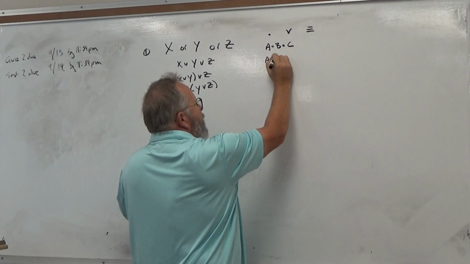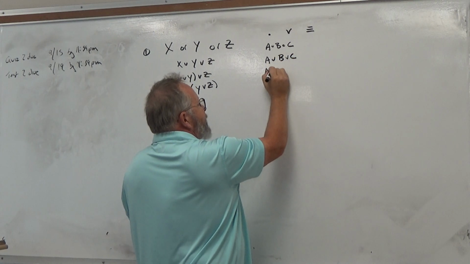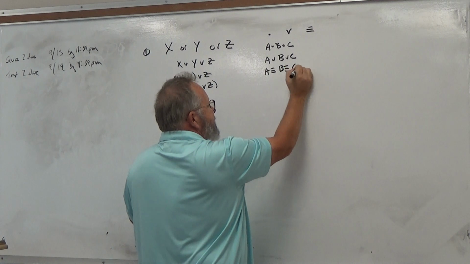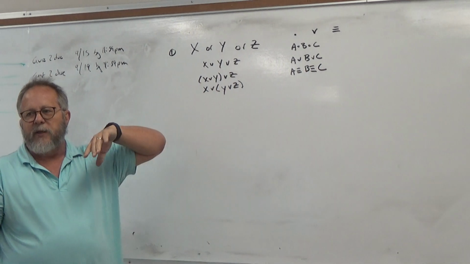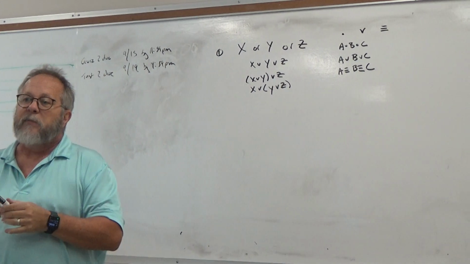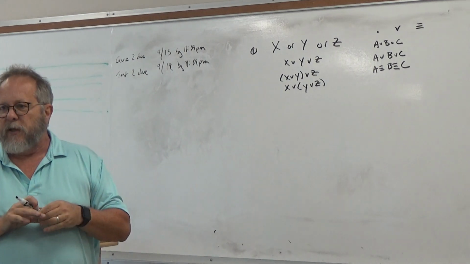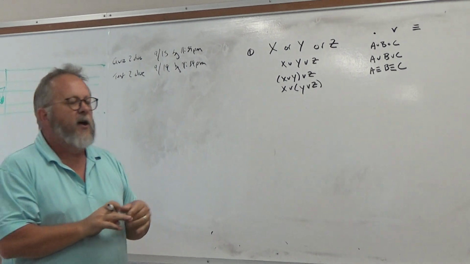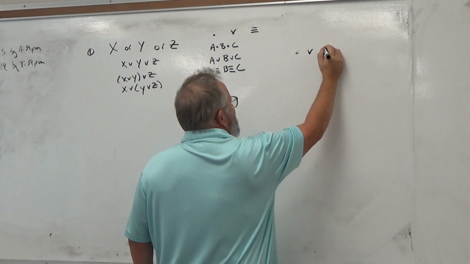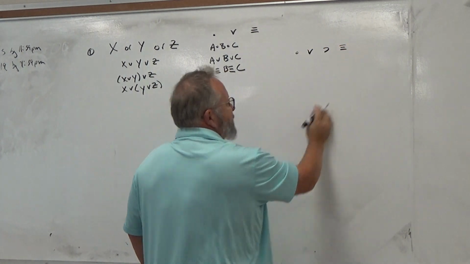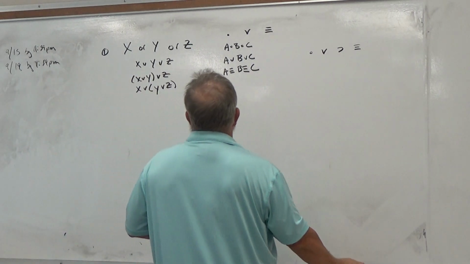Or if you have A or B or C, you can add in. Or if you have A if and only if B if and only if C, you can add them in either one of these two ways arbitrarily. And you must add them in to make it a well-formed formula. Does everybody understand that? You cannot do it if you have a mixture of ands or ors or if-thens or if and only ifs. Does everybody understand? If there's a mixture of types, no can do.